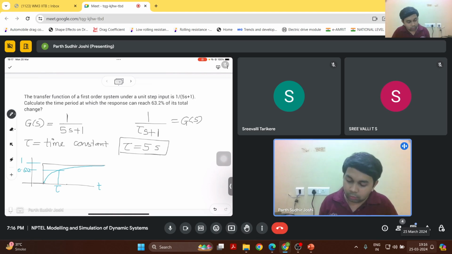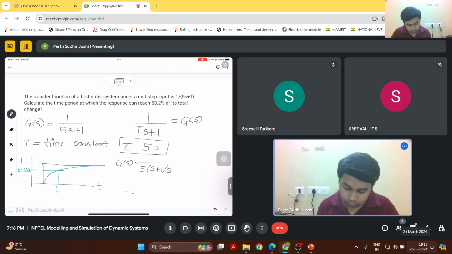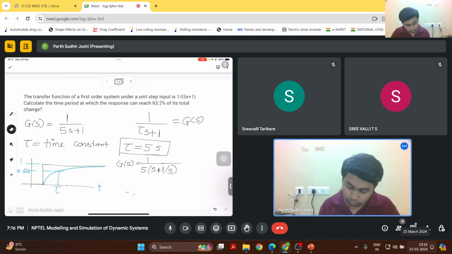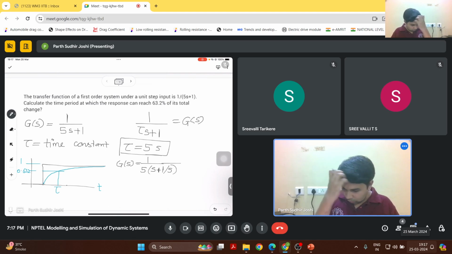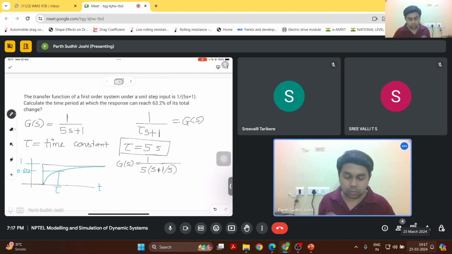So if we want to write down the inverse Laplace transform for this, the step response will be basically for a unit step input.